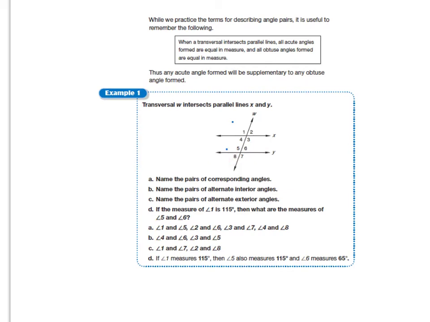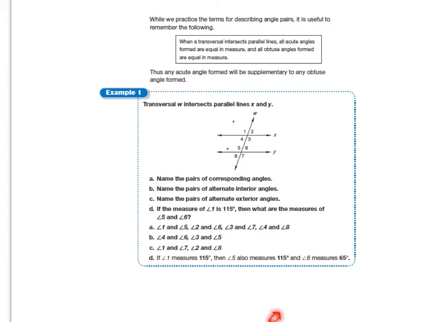And we should know that 6 has to make up the difference for the supplement. So it's 115 plus 65 makes 180. That's how we know that 6 is 65, because it's the supplement to 5, and 5 is 115 because it corresponds to 1. So again, very vocabulary rich.